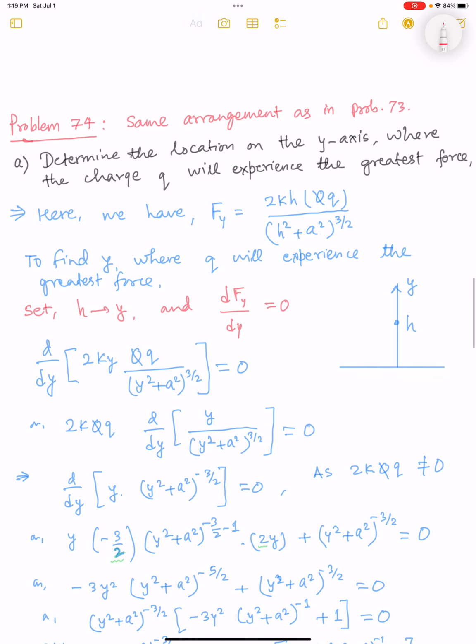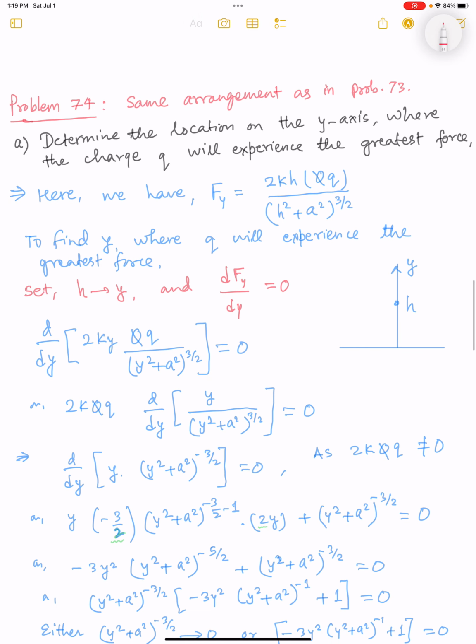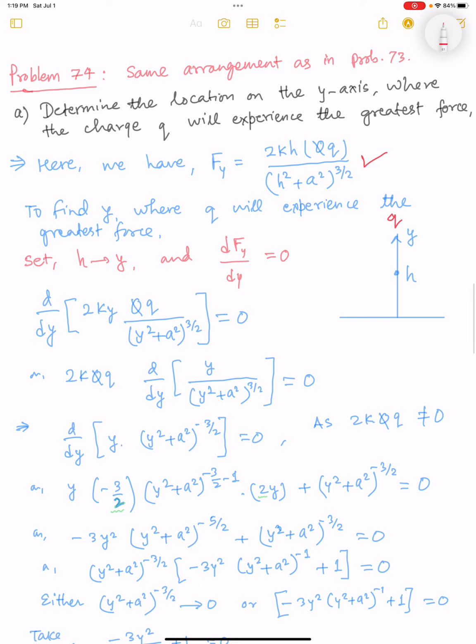So this is the force along the y-axis that we already solved. To find y where Q will experience the greatest force, we need to take a derivative of this force with respect to y, because y is varying here.